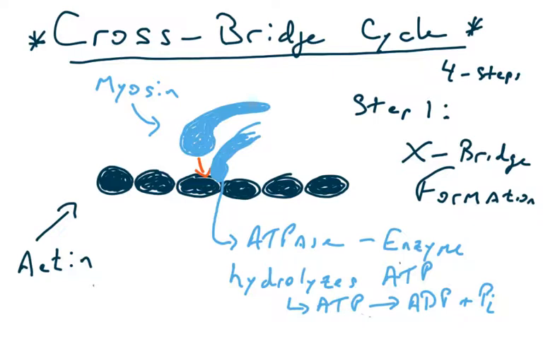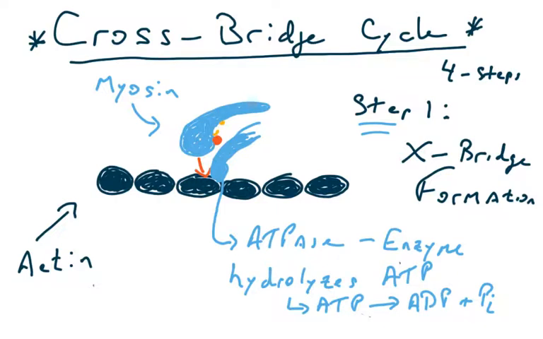And what happens is that ATP has been hydrolyzed during the resting stage during step 1, right before the cross-bridge cycle. And so what we have here within our head, the adenosine portion is going to be red, and our phosphate groups are going to be in yellow, right?